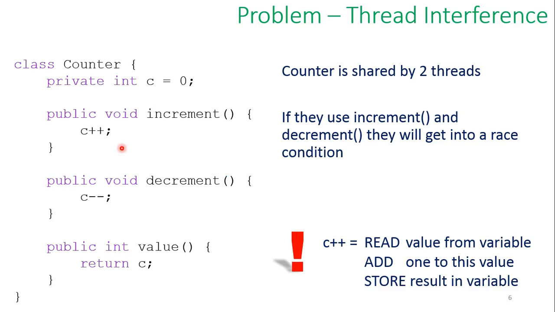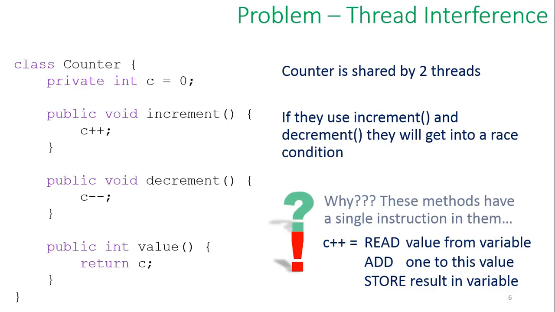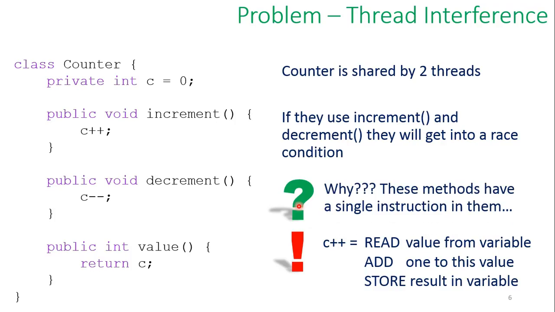One of the two processes might win the so-called race, and if it does, then the value is going to be left in an invalid state. You could say, well, those methods are really basic, they are really, I was going to say, atomic, but I should not use that term because it has a special meaning.